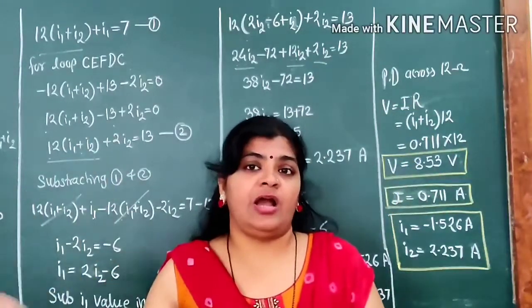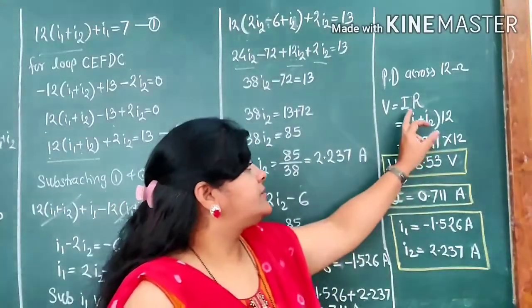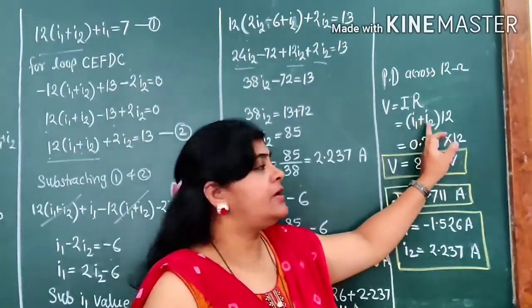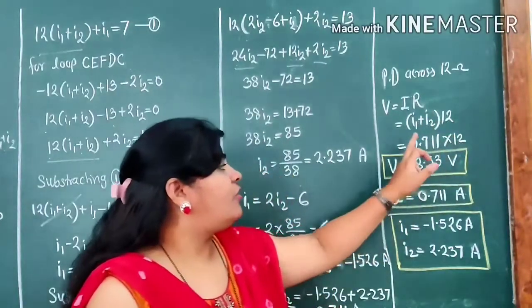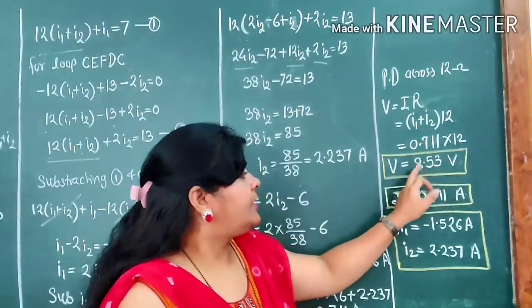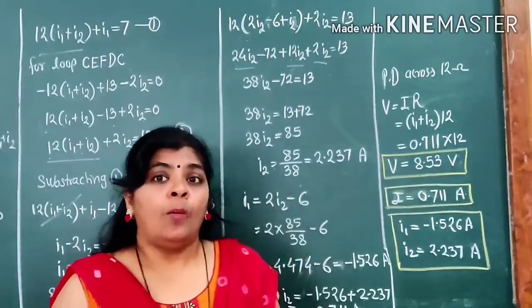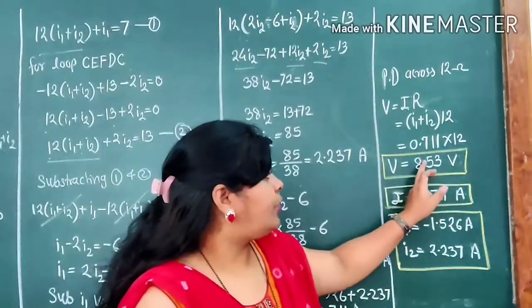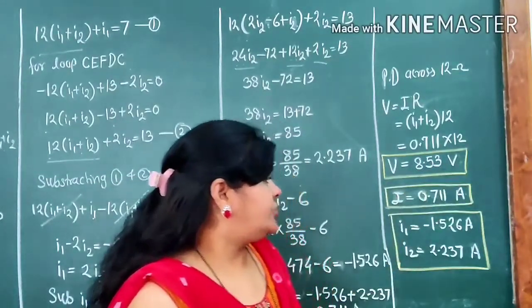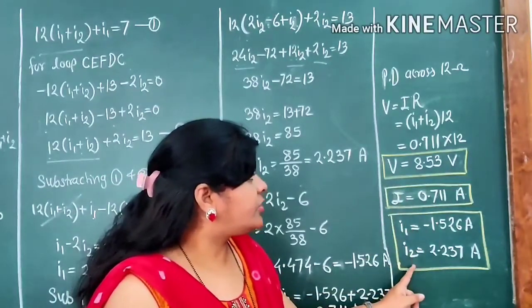In this branch, the total current I is flowing through it, and I is the addition of the two currents I1 plus I2. Substituting the value 0.711 into 12, that multiplication gives the potential difference V equal to 8.53 volts.